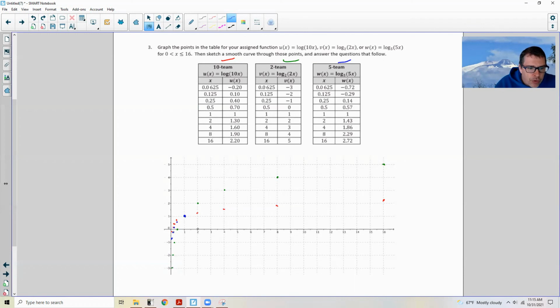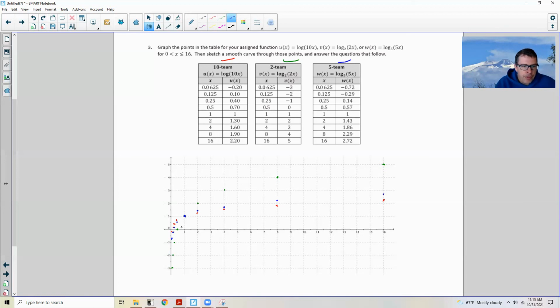Over 2 up 1.43 is about here. 4, 1.86 is about there. 8, 2.29 maybe there. And 16, 2 and almost 3/4.